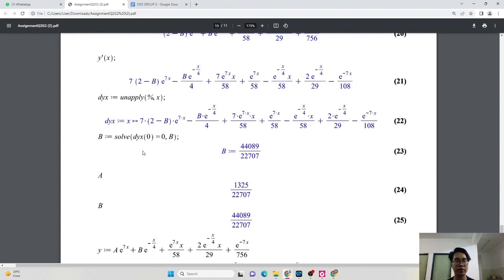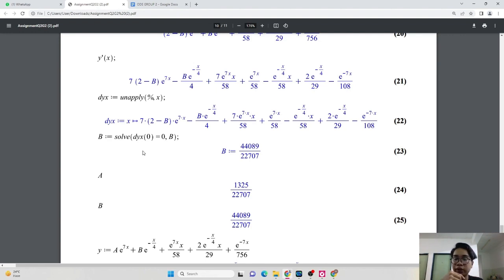And the answer we get is dy/dx equal 7 multiply 2 minus B multiply exponent power of 7 multiply x minus B multiply exponent power of negative x over 4 over 4 plus 7 multiply exponent power of 7 multiply x over 58 plus exponent power of 7 multiply x over 58 minus exponent power of negative x over 4 multiply x over 58 plus 2 multiply exponent power of negative x over 4 over 29 and negative exponent power of negative 7 multiplied by x over 108.